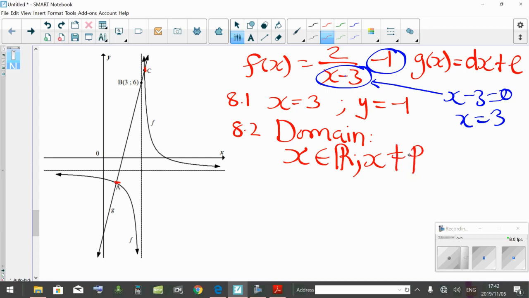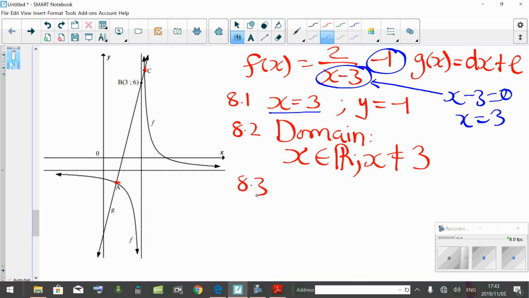But in this case, we know our value for p. P is the asymptote. So we are saying x is not equal to 3. You can easily see it from there. Our graph will never be equal to 3 since it's an asymptote.